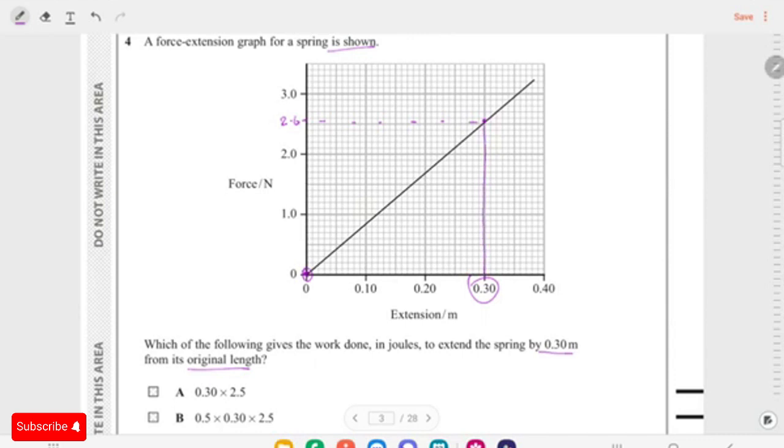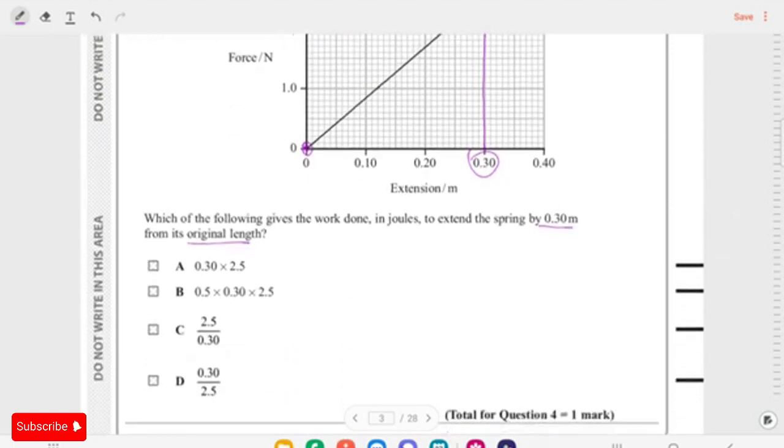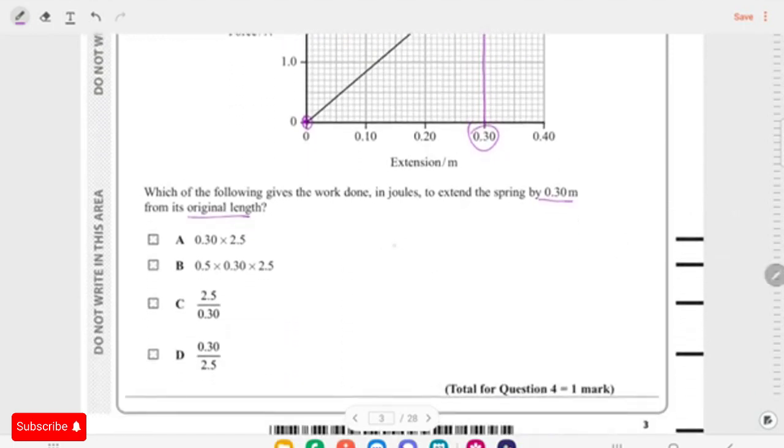So the area would be half base into height, where height is 2.6 and base is 0.3. So it is going to be 0.5, 0.3 and 2.6 all multiplied together, which is approximately option B, right?